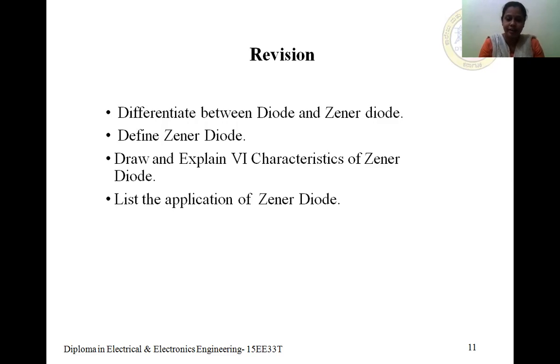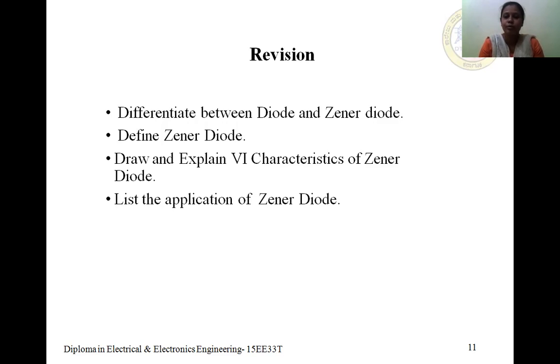Third, when a large reverse bias voltage is applied, the diode gets damaged, whereas a Zener diode is especially designed to operate in the reverse biased condition.